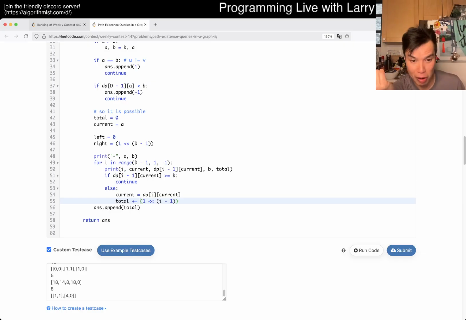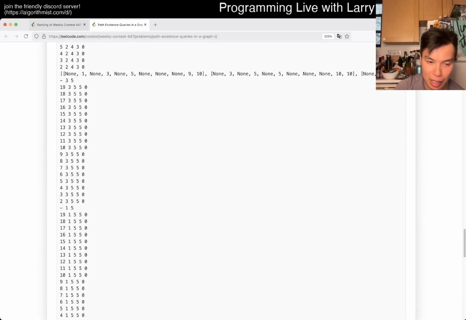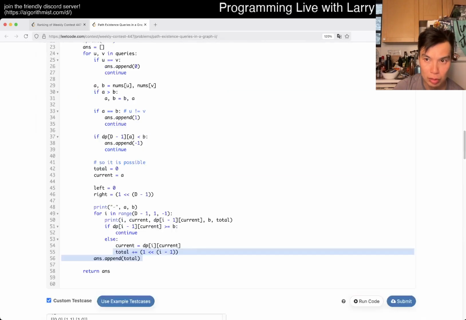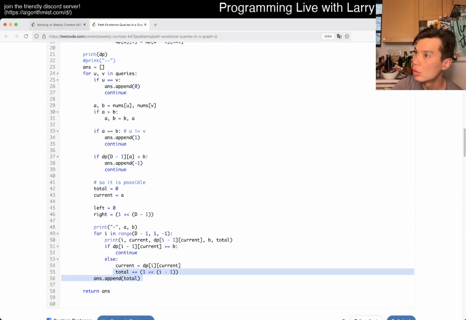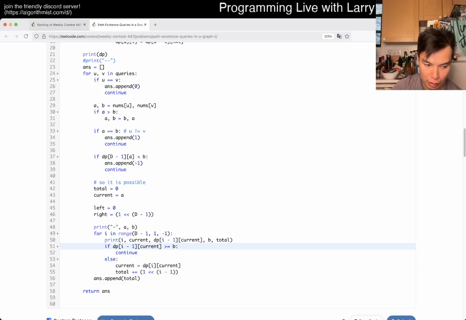We know that this is the maximum number of moves, right? So then now, okay, so if it's equal to, it's on the left side. But what does it mean for it to be on the right side?